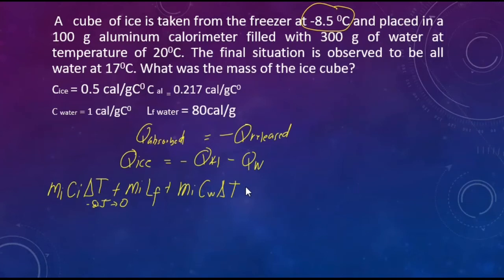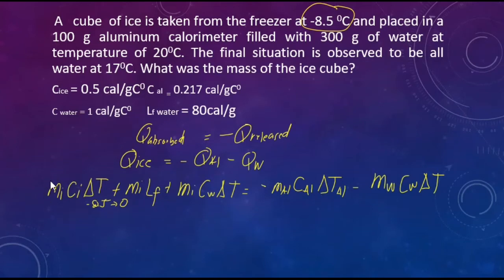So there, then equals negative mass of the aluminum, C of the aluminum, delta T. It will not melt, so it's just this equation. Then for the water, it's also mass of the water, C of the water, and then delta T for the water. No phase change for the water here, and for the aluminum calorimeter.